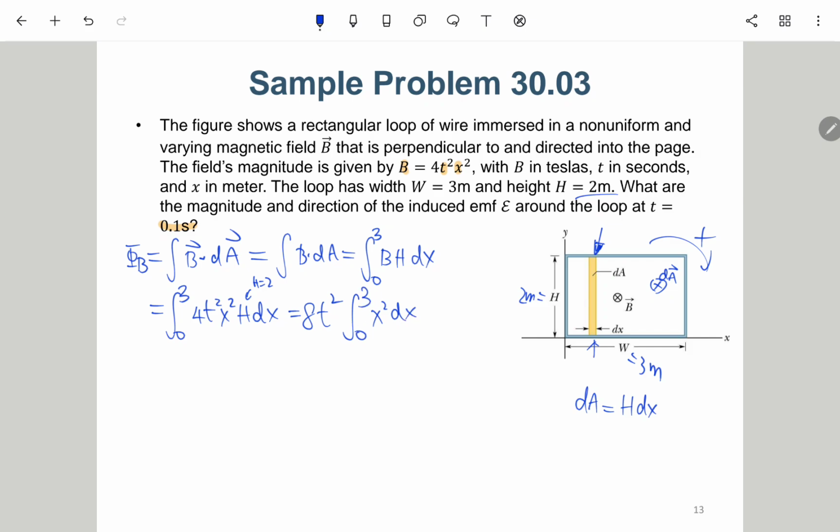So x squared integrated becomes x cubed over 3, so 3 cubed over 3 minus 0 cubed over 3 is 0. So this is nothing but 72 t squared.